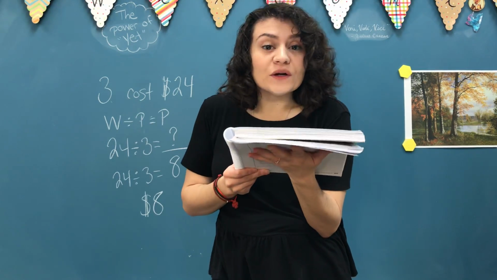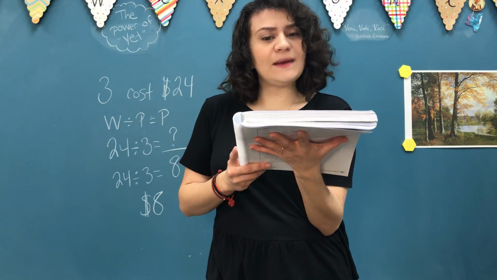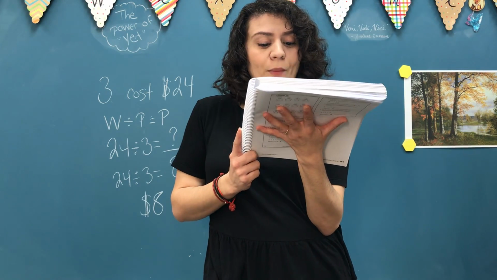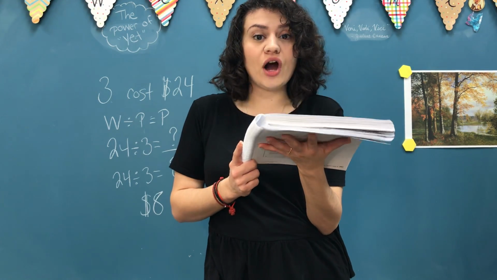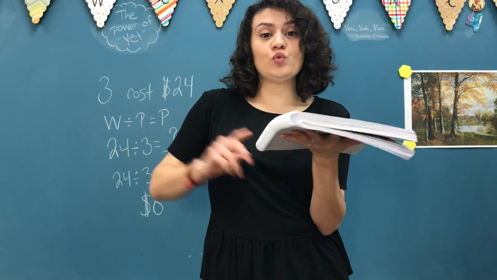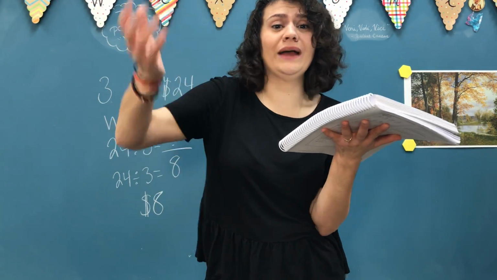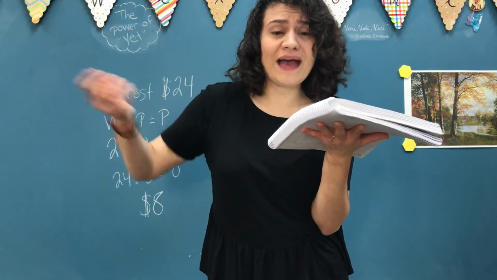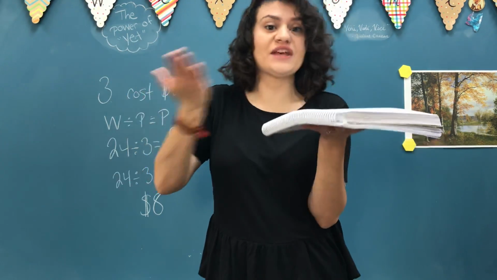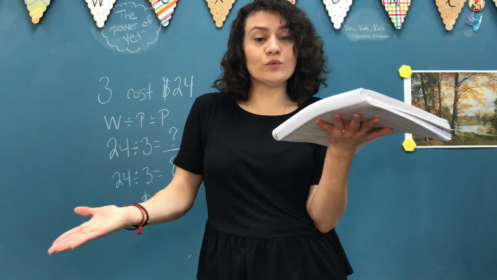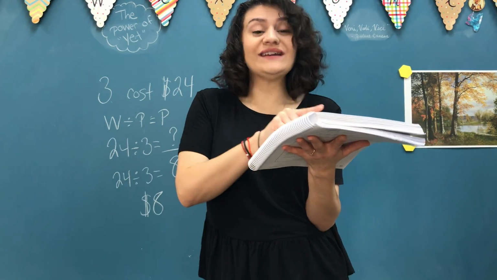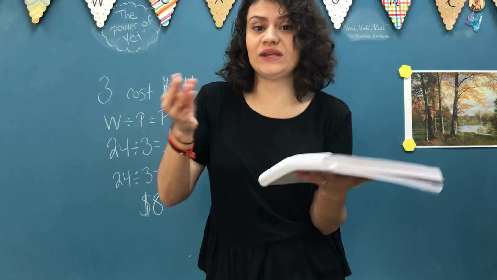For number 4, 1 bag of tomatoes cost $2. How many bags of tomatoes cost $12? So, if 12's your whole because you're buying all these different bags of tomatoes and each bag of tomato costs $2, how many bags were you able to buy? Okay, so it would be 12 divided by 2 equals.